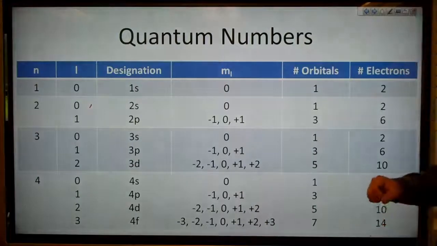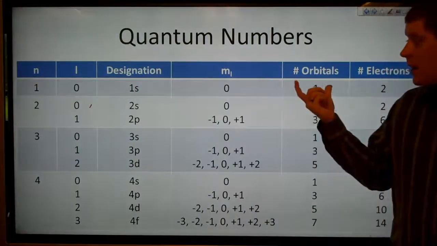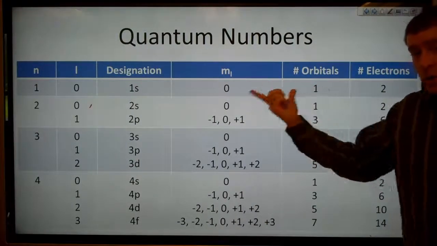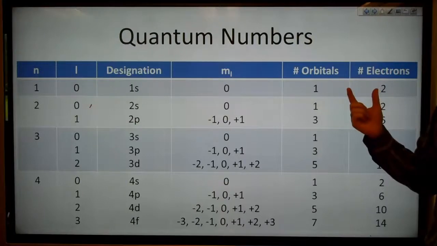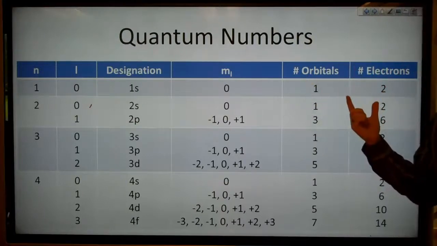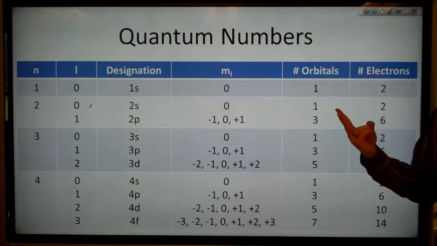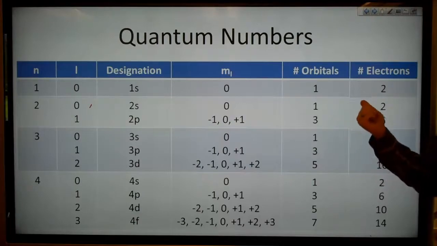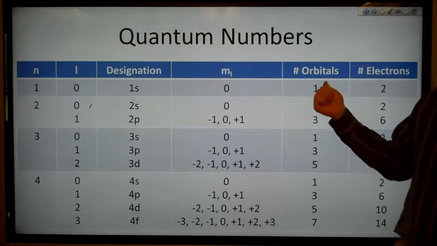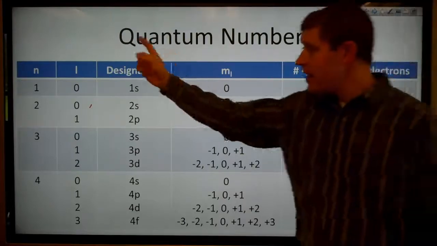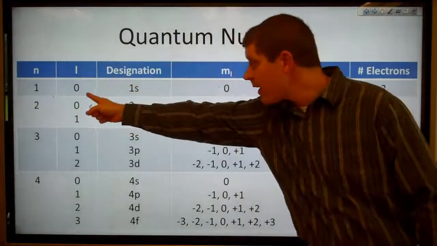So, in this way you can see that I've only used 3 out of the 4 possible quantum numbers, because we still have the m sub s, which has 2 possible values. Note that each orbital has a combination of an n value and an L value.